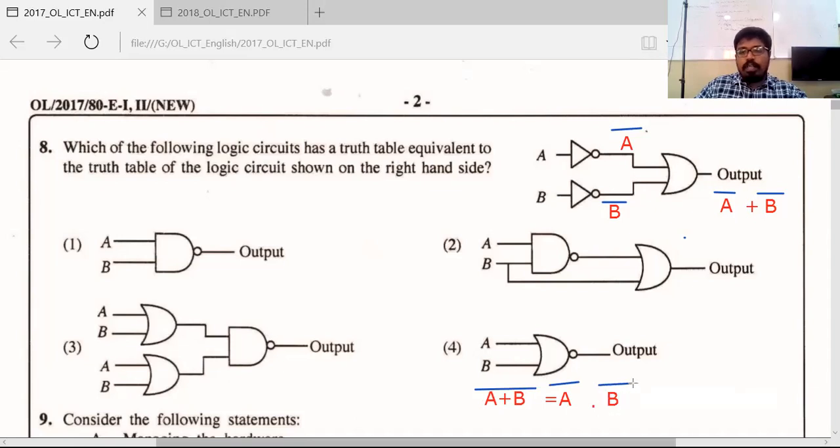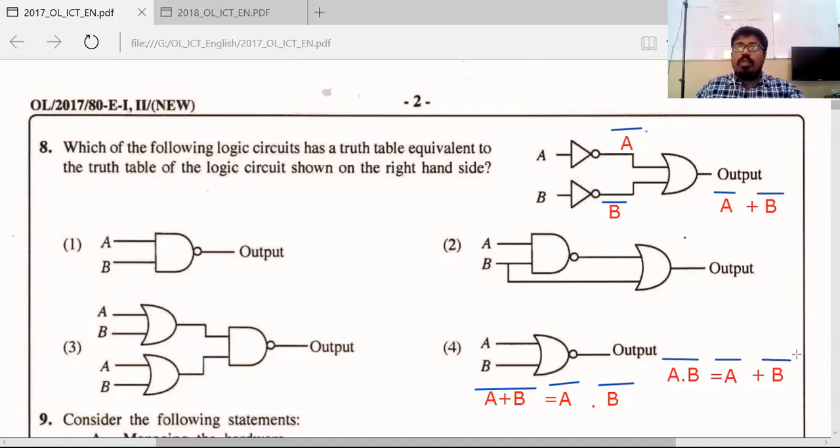That is De Morgan theorem 1. De Morgan theorem 2 we already studied. A dot B holding bar will be equal to A bar plus B bar.